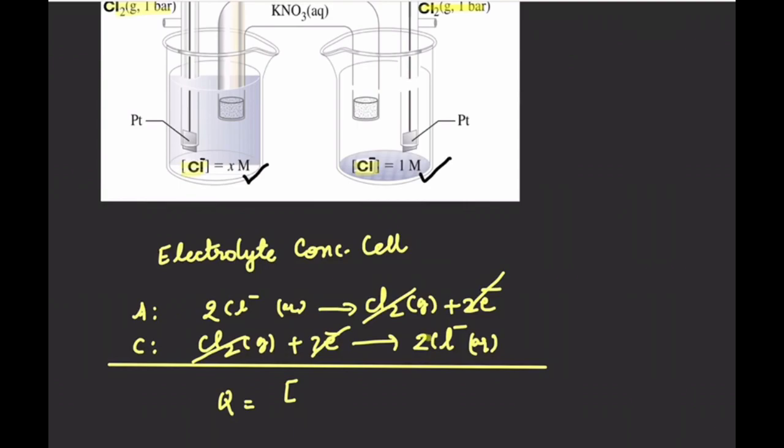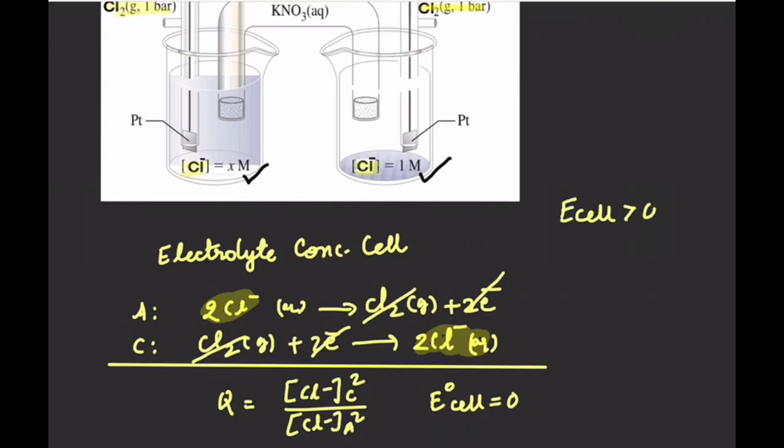Since the Cl minus on the right hand side is in the cathodic compartment and on the left hand side is in the anodic compartment, we can write the concentration of Cl minus in cathodic compartment whole square upon concentration of Cl minus in anodic compartment whole square. We know that E naught cell will always be 0 for a concentration cell, so EMF of this cell will be positive when the reaction quotient is less than 1.